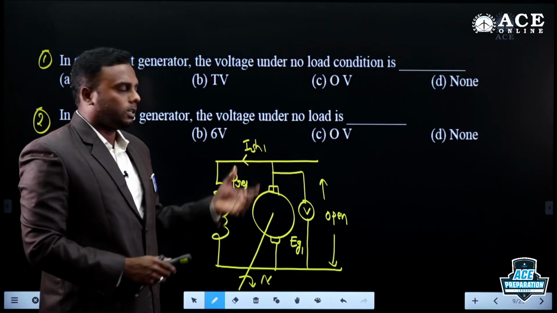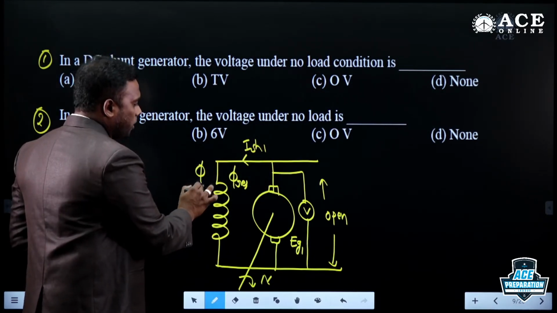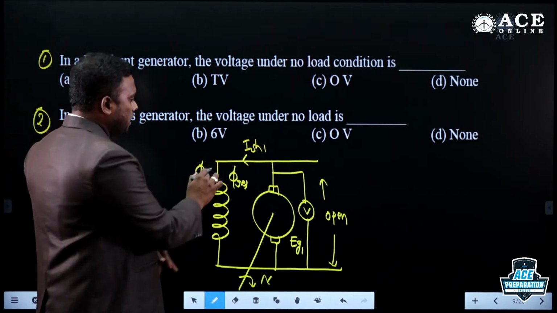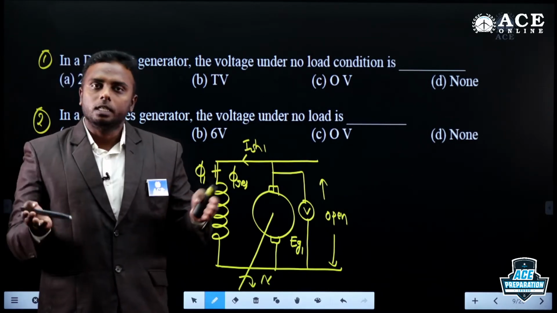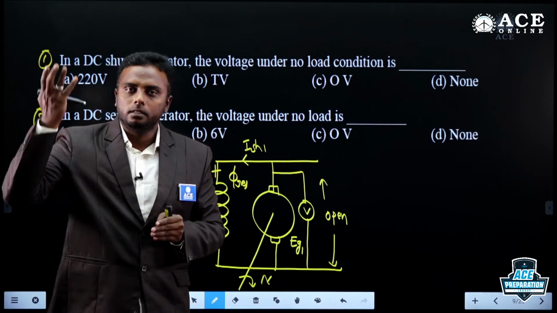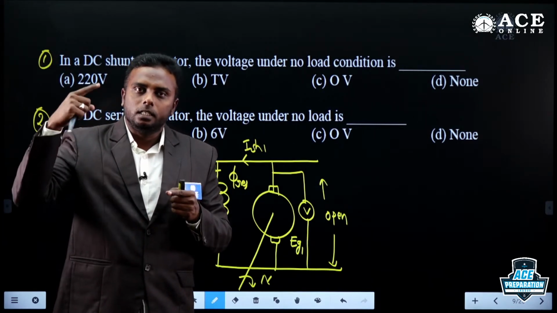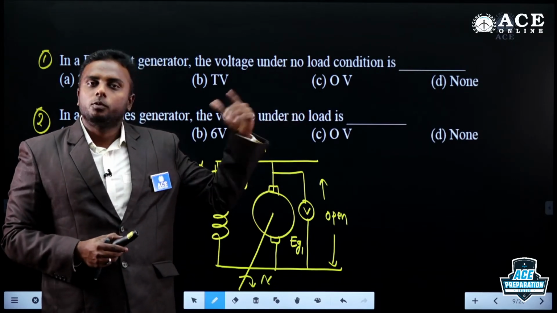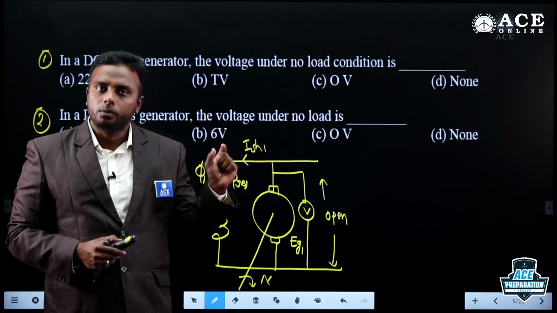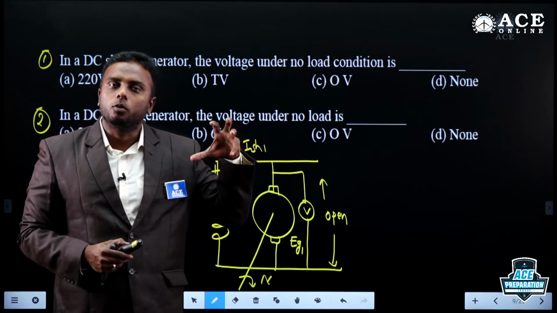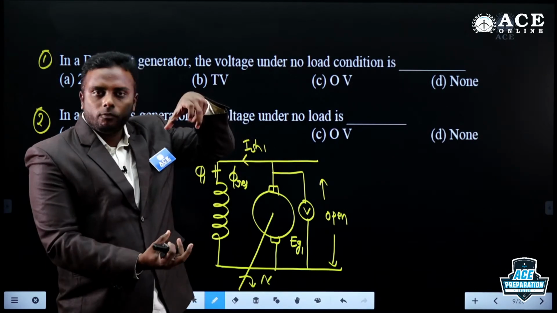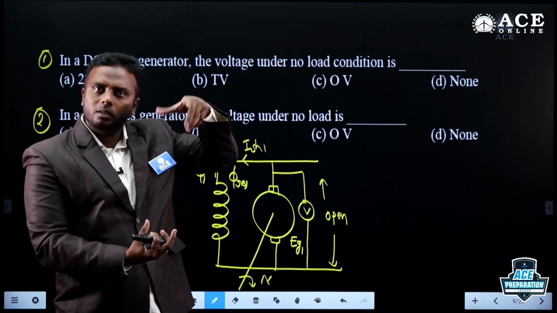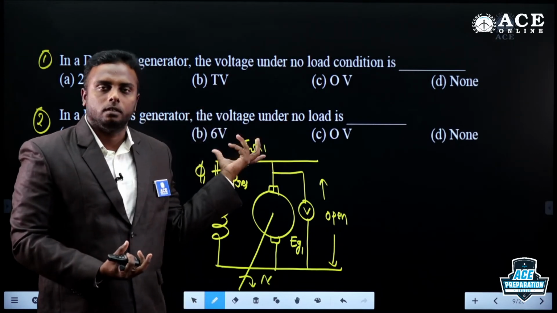So due to this field current, additional flux will be produced in the winding, and that is added to the residual flux. Now what is the overall flux? Again increased. So whenever flux keeps increasing, the voltage in the generator also increases. Up to what will it increase? Up to the saturation of poles. So whatever flux is produced by the poles, they will saturate after a particular field current.